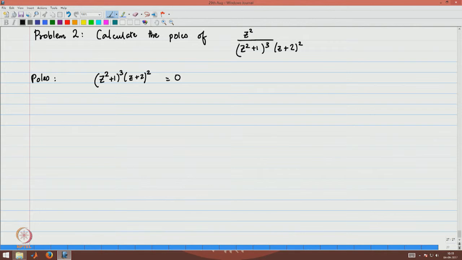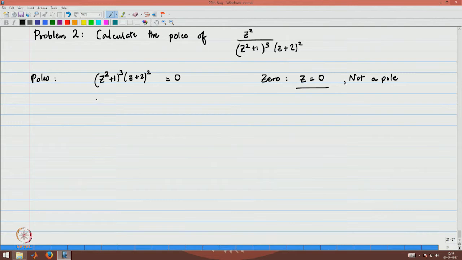Now, notice that I could directly write the poles at this point, because there is only one zero, z equal to 0, and z equal to 0 is not a pole. So we do not have to worry about complications that arise because you have 0 by 0 and so on.